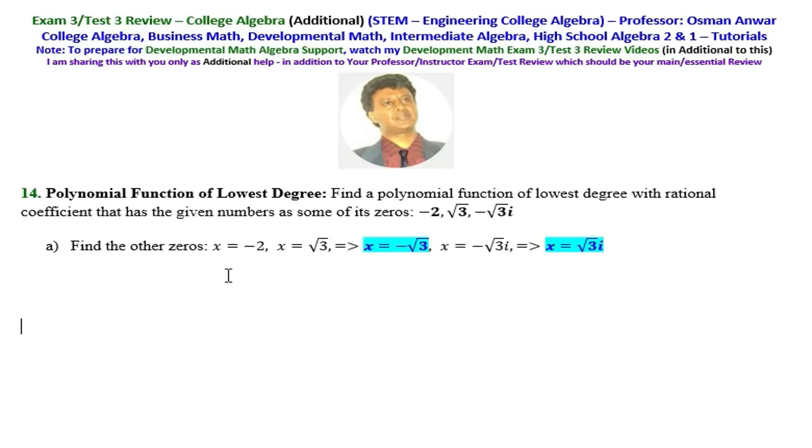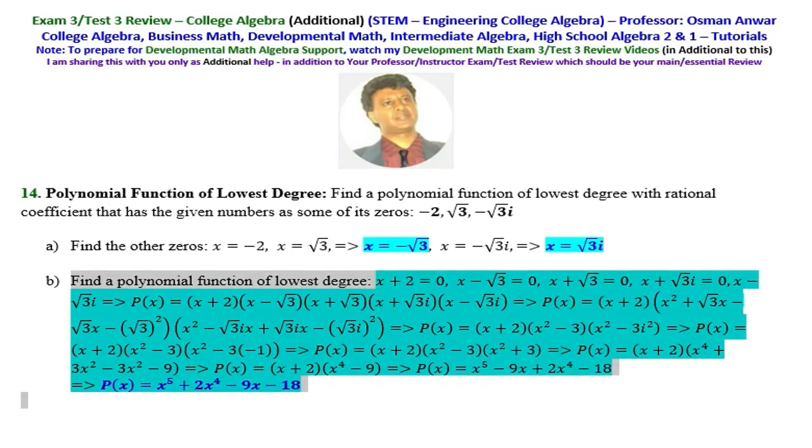That is x equals minus 2 is a zero. x equals square root of 3 is a zero. That means x equals minus square root of 3, which is its conjugate, is also a zero. x equals minus square root of 3i is a zero. That means x equals square root of 3i, which is its conjugate, is also a zero.